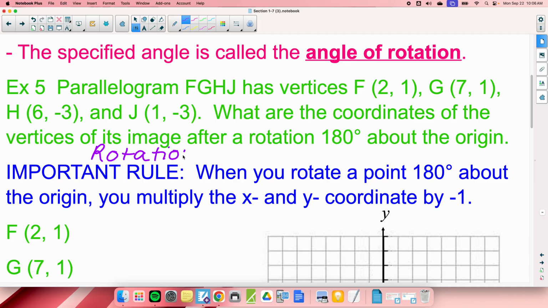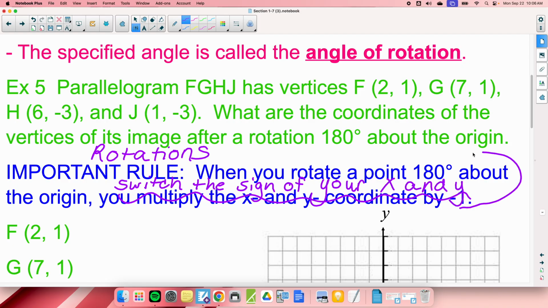Copy: when you rotate a point 180 degrees about the origin, I'm gonna change this, because I think what I'm gonna do is rewrite this as switch the sign of your x and y.